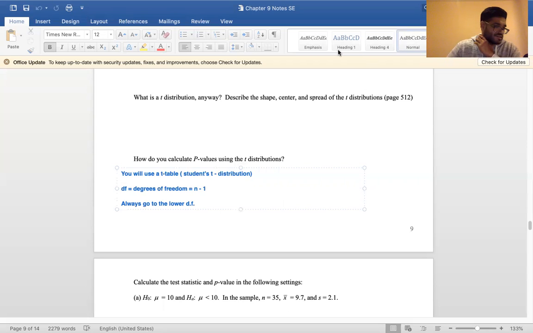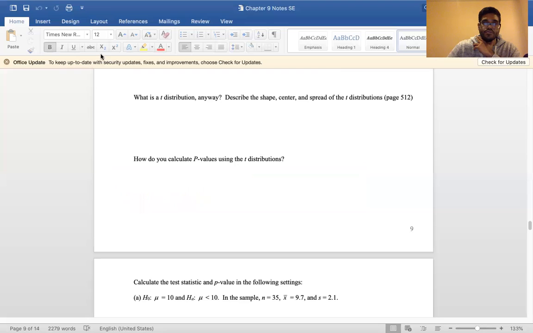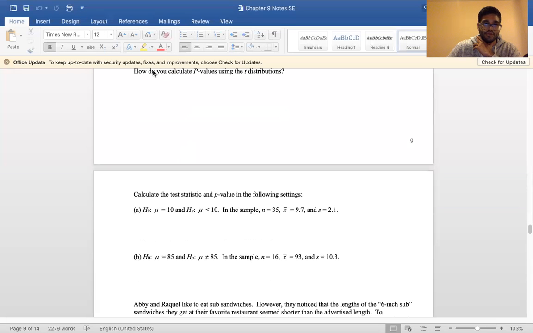So calculate the test statistic. In the example below, I'll do this one real quick. So here we're going to have t equals x bar, which is 9.7 in the problem, minus mu, which is 10, divided by standard deviation of your sample, 2.1, over the square root of n, which is 35.